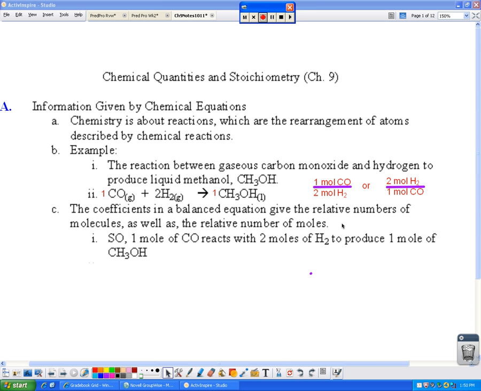So here they are. Here's the ratio written as 1 mole of carbon monoxide for every 2 moles of hydrogen. Or we could write it the other way around. There's 2 moles of hydrogen for every 1 mole of carbon monoxide. And all that is, I'm using the coefficient, this 1 and that 2, to write them as a ratio.